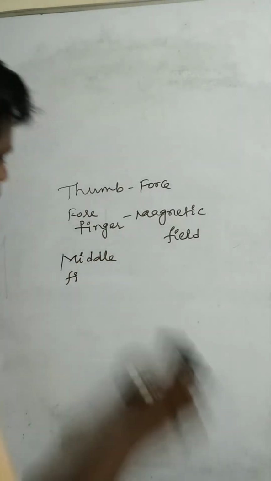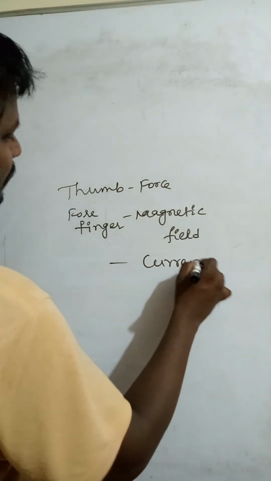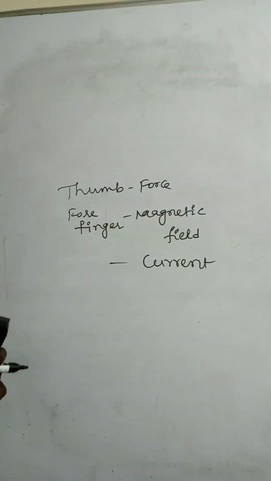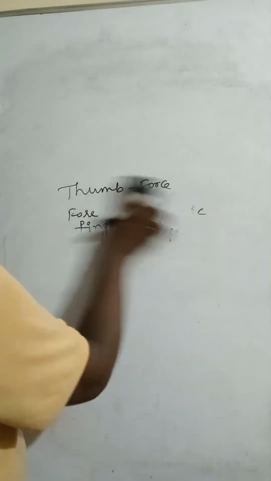So we can say the middle finger represents current direction. Okay, that's enough. Clear? So that's about Fleming's left hand rule.